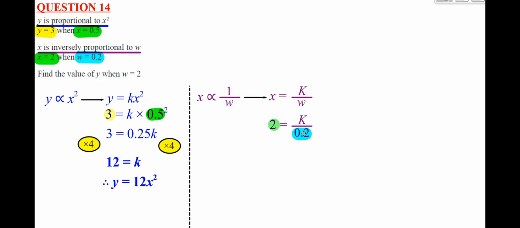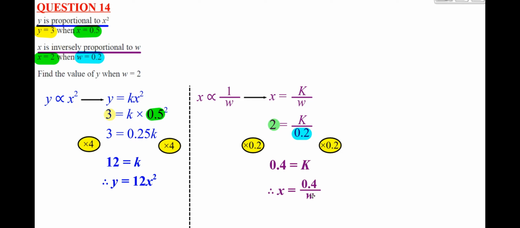K is being divided by 0.2. The opposite of being divided by 0.2 would be to multiply by 0.2. So if I get K on its own by multiplying both sides by 0.2, we see that big K must be 0.4. Subbing in 0.4 for the letter, we now have the relation that x equals 0.4 divided by w.